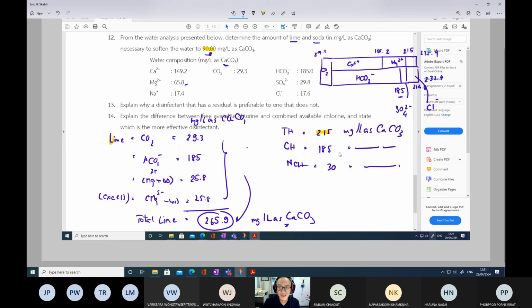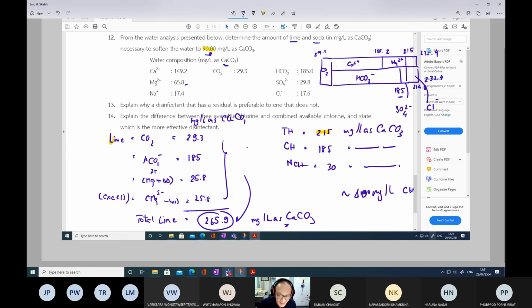Once you add the lime, the calcium hardness is expected to be removed, but it is not 100% removed. Even if you add it according to the procedure, about 40 milligrams per liter of carbonate hardness will remain.